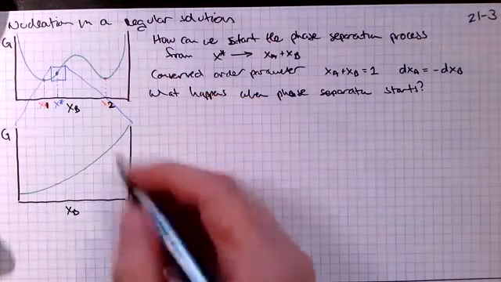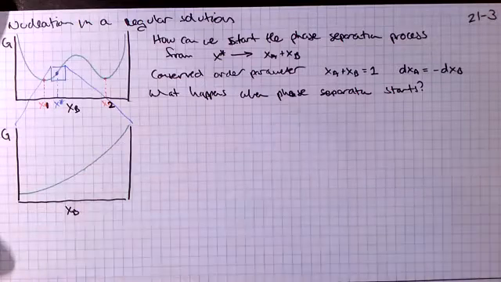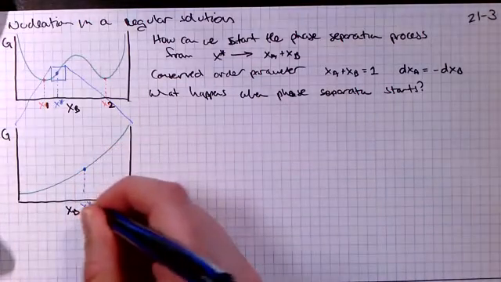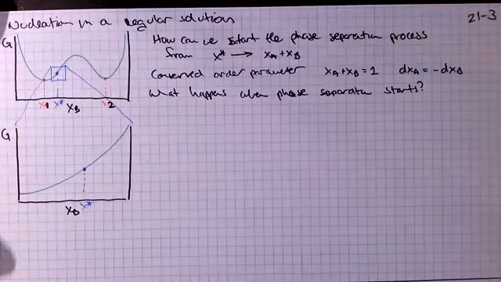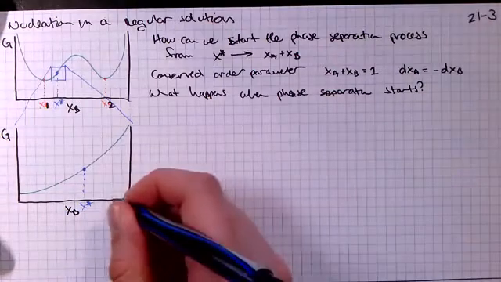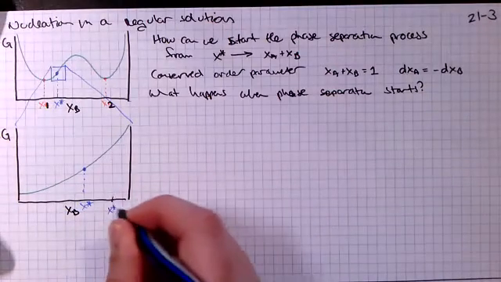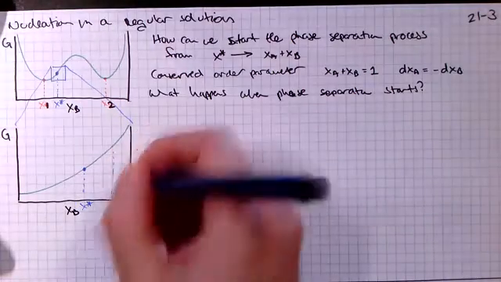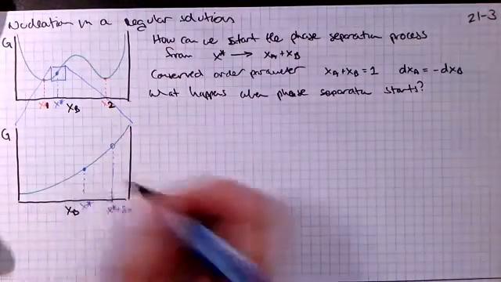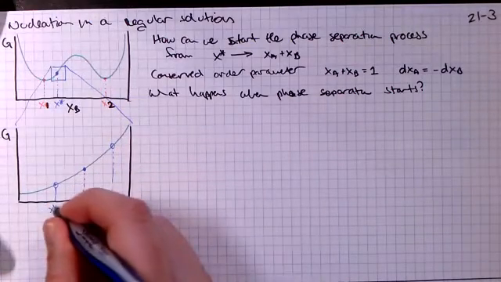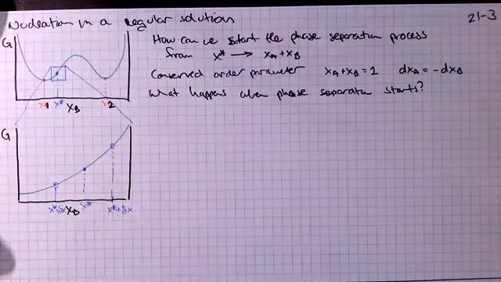We're going to assume the curvature is positive. We happen to be at X star here. And now we want to phase separate, right? So we're going to have phase separation into X star plus delta X, and X star minus delta X. Okay.